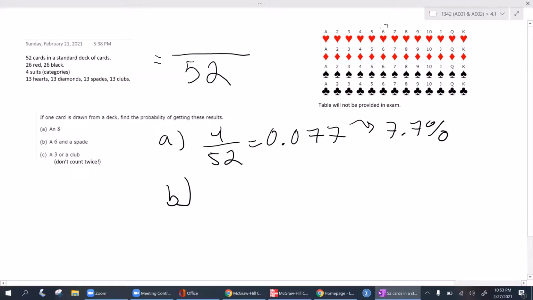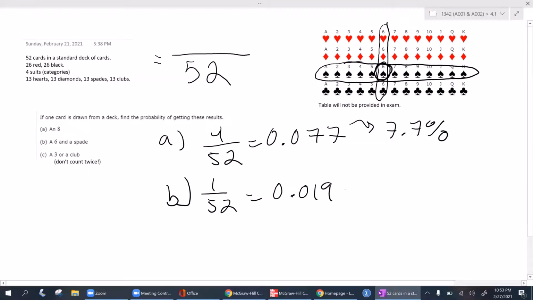The probability of finding a 6 that is also a spade is just 1 card. That can only happen once. That's going to be 1 over 52. This is 0.019, or in other words, 1.9%.